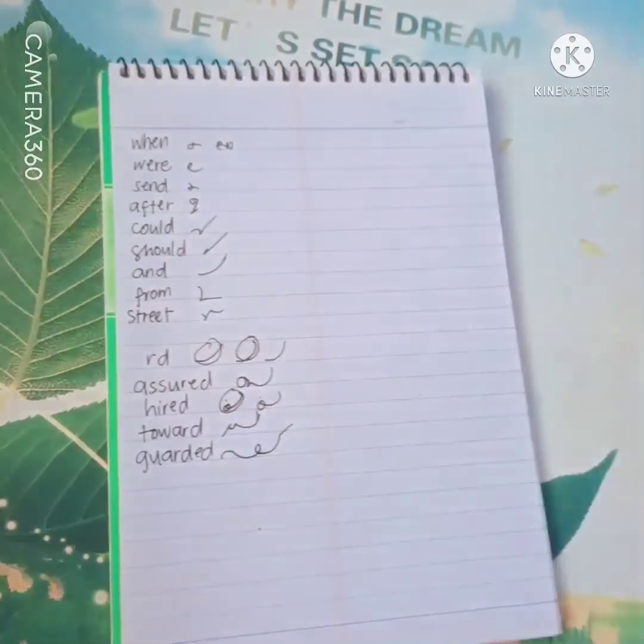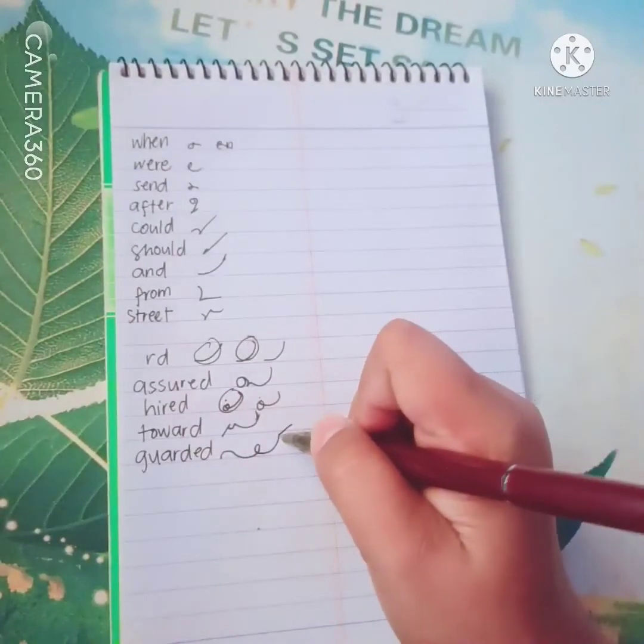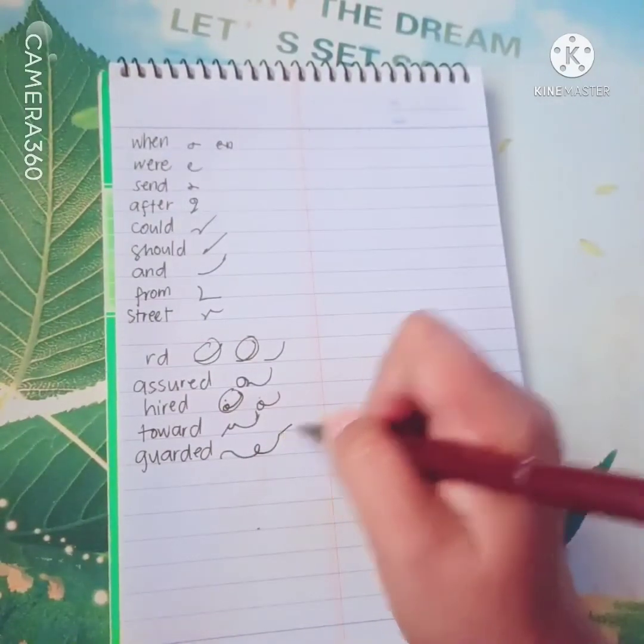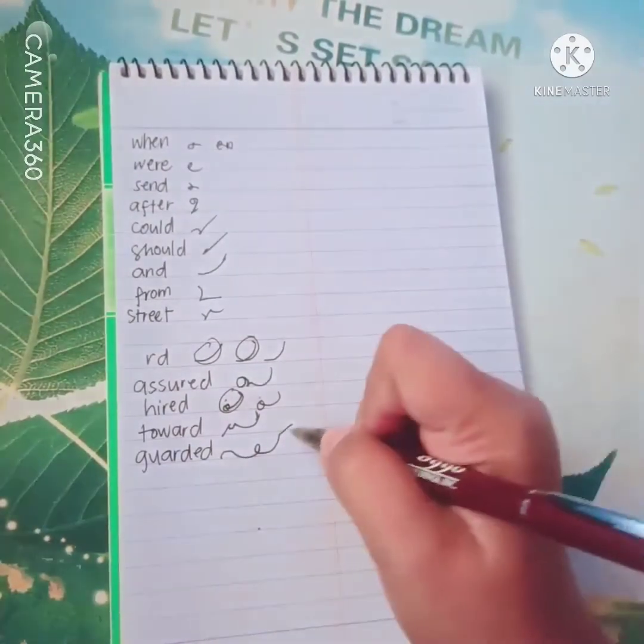We omit the E in guarded, and we omit the D.